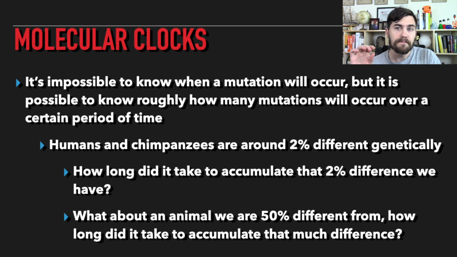So theoretically, if we could figure out how long it took to make that 2% difference between humans and chimpanzees, let's say it ends up being like 5 million years or whatever. Okay, well, then we can take that and multiply it by the 50% difference, and that's how long ago we branched off from this other animal, right? That's actually not really how it works. I'll be more specific here in a second, but that's just kind of an example.